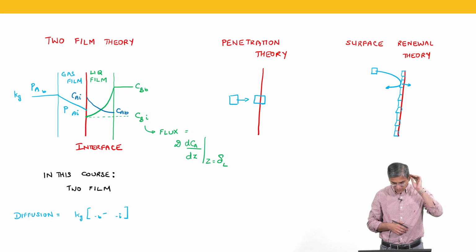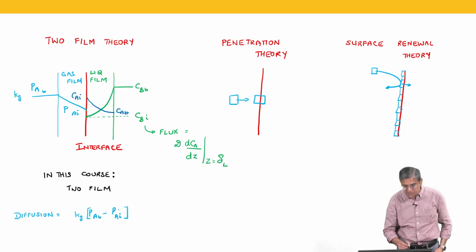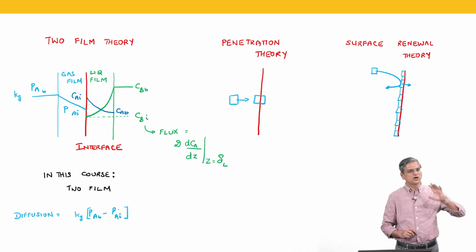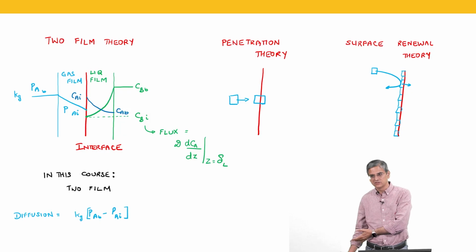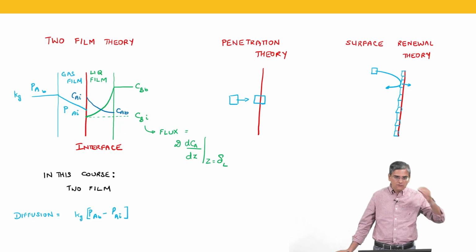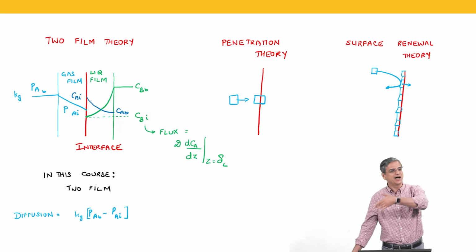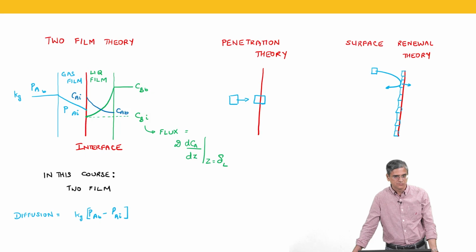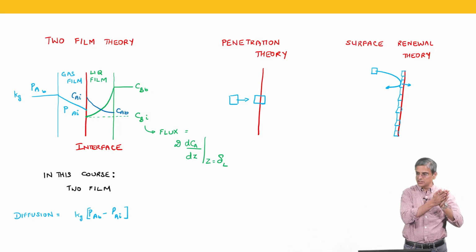The reason why instead of kg multiplied by CAB, I used kg multiplied by PAB, is because I am going to use concentration CA for the liquid phase. No other reason. I could have always said kg multiplied by CABG minus CAIG. And how are CAI and PAI related?